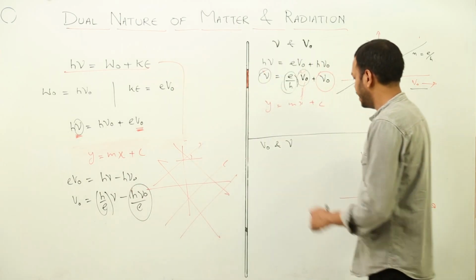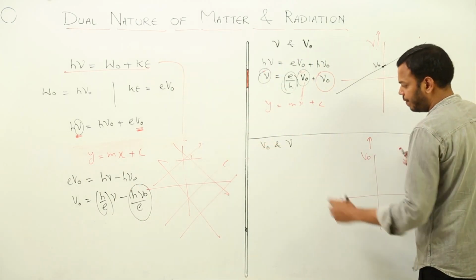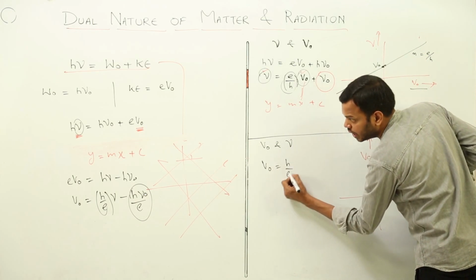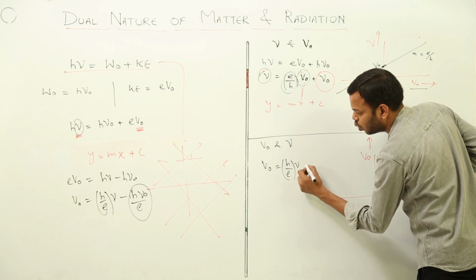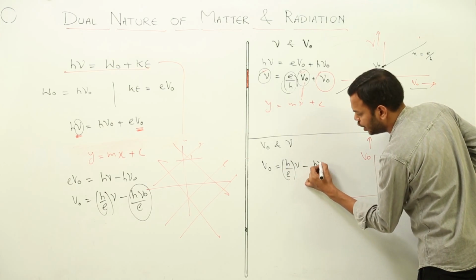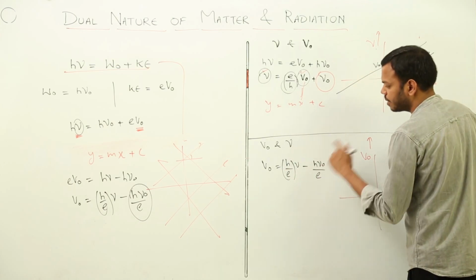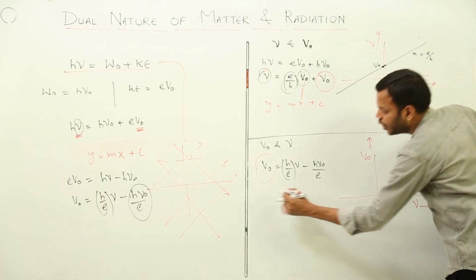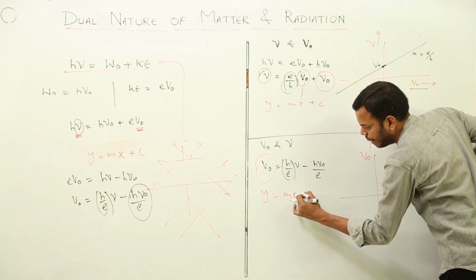Okay. See, in this equation I am writing down the equation here. V0 is equal to h upon e nu, this is my slope, minus h nu naught over e, this is my y-intercept. So see, first of all, V0 is doing the job of y equals mx plus c.